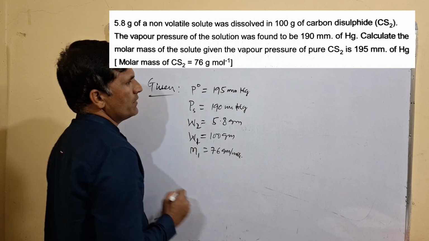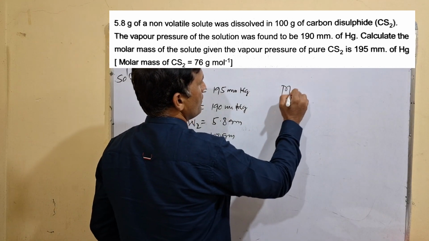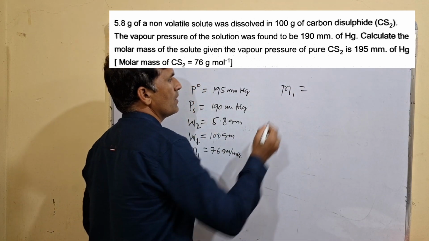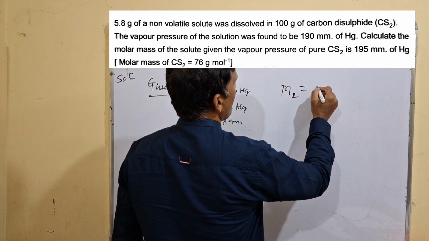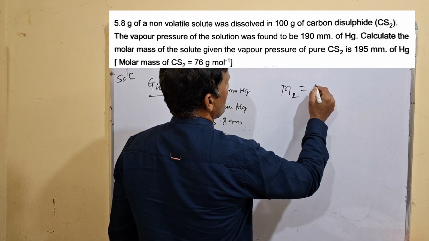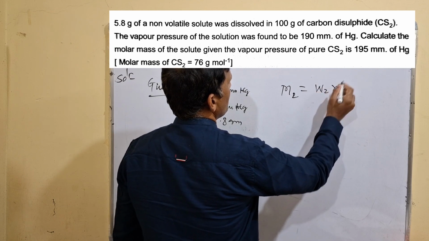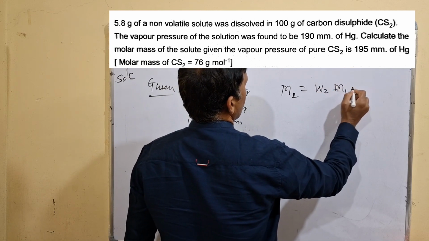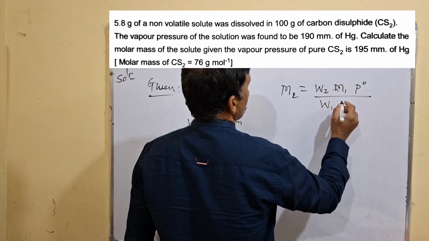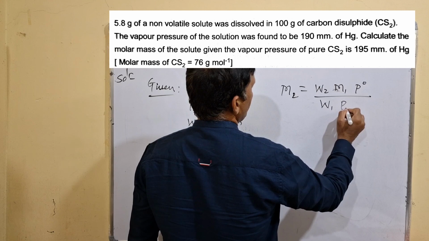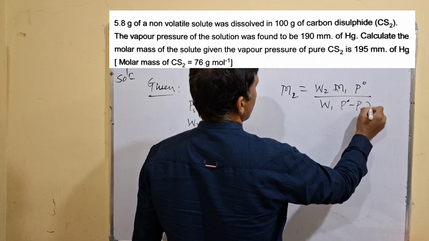We know the formula already. We have done a problem on this. So M2 is equal to W2 into M1 into P naught divided by W1 into P naught minus PS.